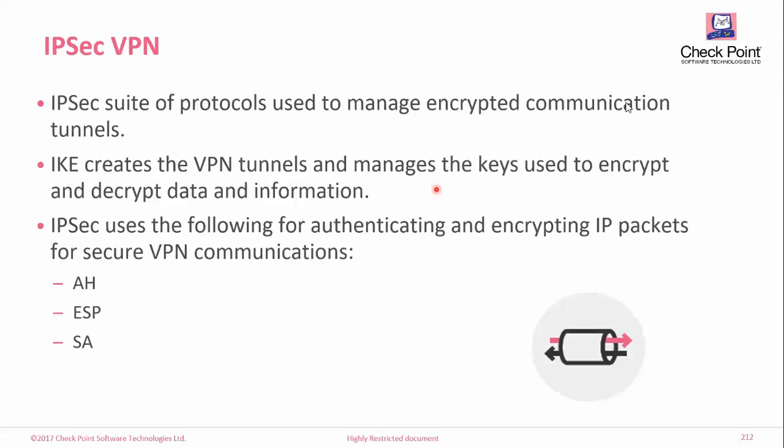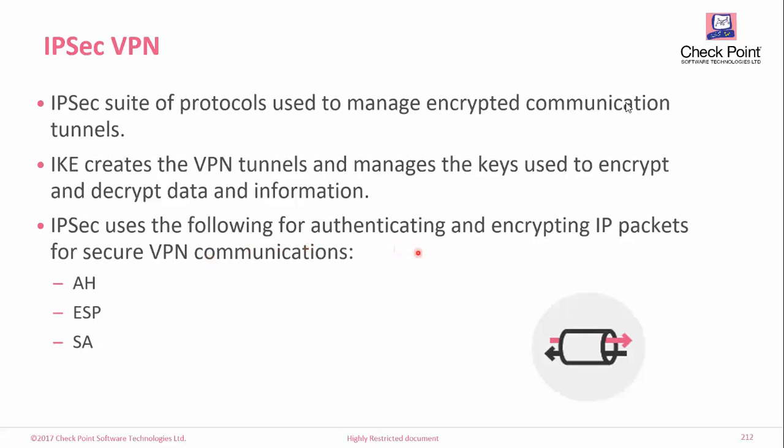If you're sending traffic out of the gateway, you'll use the key to encrypt that traffic. As it hits the peer gateway, they're going to have the exact same key to decrypt it. And when they're sending stuff back, they'll use that key to encrypt, and we'll use the exact same key to decrypt it. All right. So that's what we're doing when we're setting up the two different phases of IKE to do that.